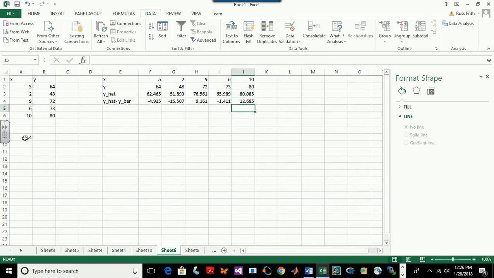Okay, so what we need to do then is we need to square these values. Okay, so this is equal to squared. Okay, so we have that number. No, wait, y hat minus y bar. Yep. Okay, and then we need to square this value. Okay, and then we need to square this value.